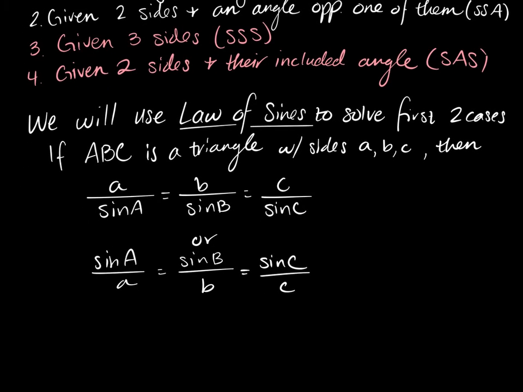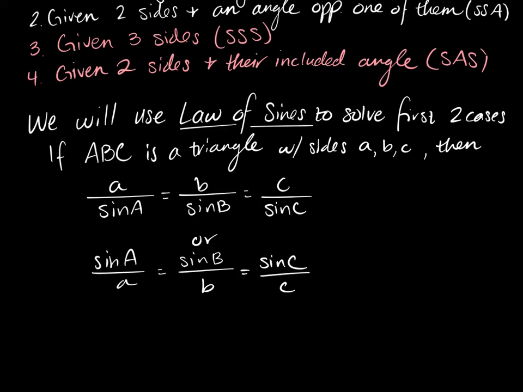Or it can also be written as sine of angle A over a equals sine of angle B over b equals sine of angle C over c. We're going to be using those formulas and we can rearrange them any way we want. So if we want to set a over sine A equal to c over sine C, that is completely fine.